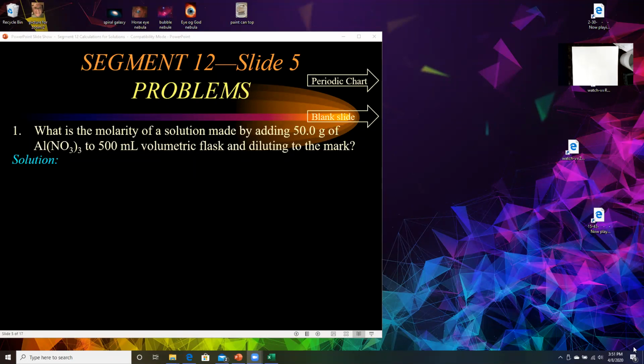We have 50 grams, I'm writing it over here on my pad, so you'll see it when we open up in a minute. 50 grams of Al(NO3)3 in a 500 milliliter flask and diluting.